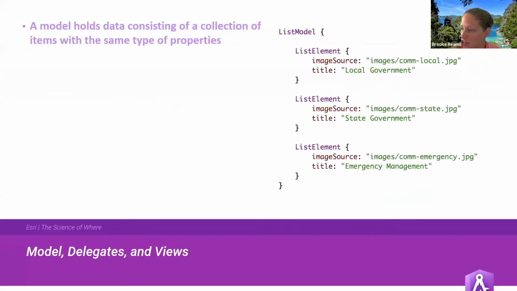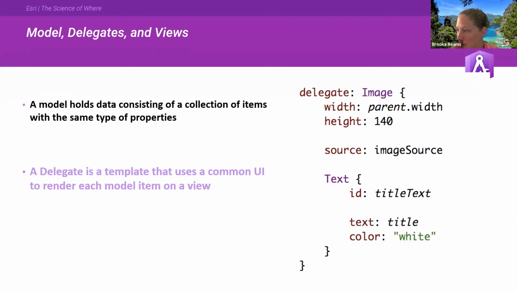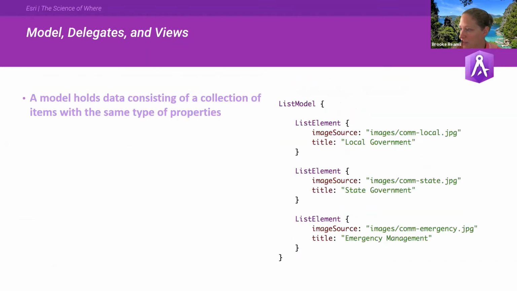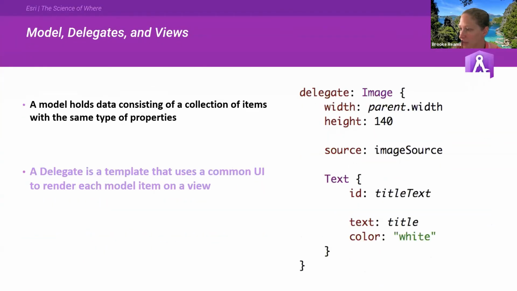So the image source in the delegate is coming from the model. Nested within the image is a text element, and the text value is title, and that's coming from the list model again. So that's the delegate piece. It's basically the template for how the data in the model is going to be displayed.